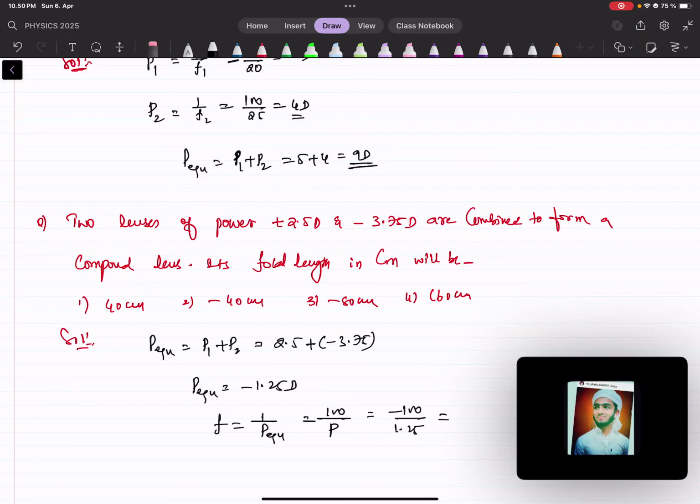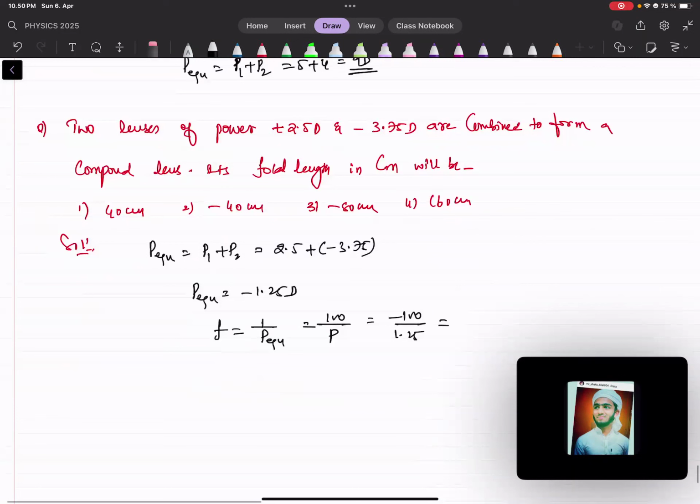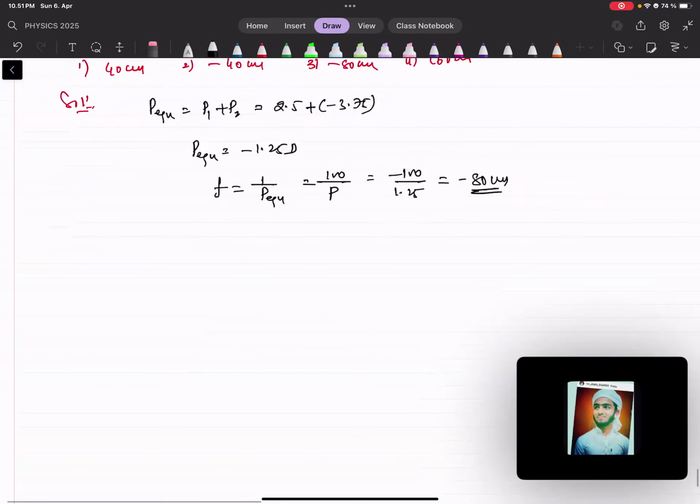See how much I'm getting, in centimeters, that is the reason I'm taking 100 there. How much, beta? Minus 80. Minus 80 centimeters. Clear? Yes, sir.